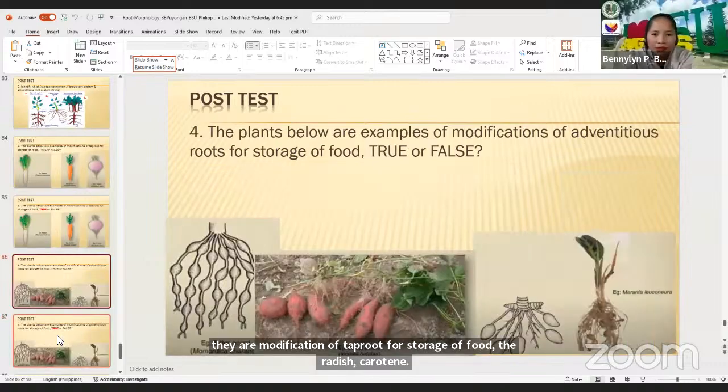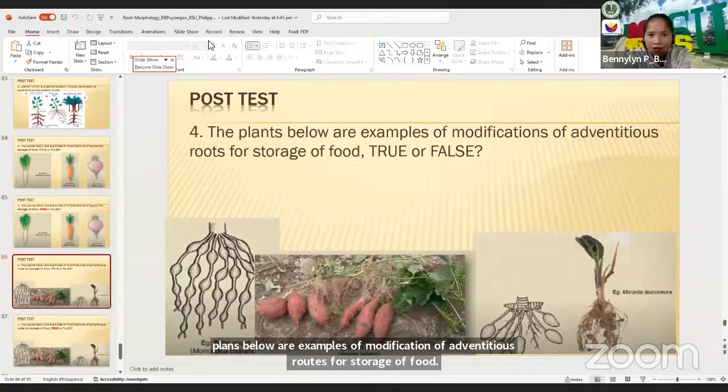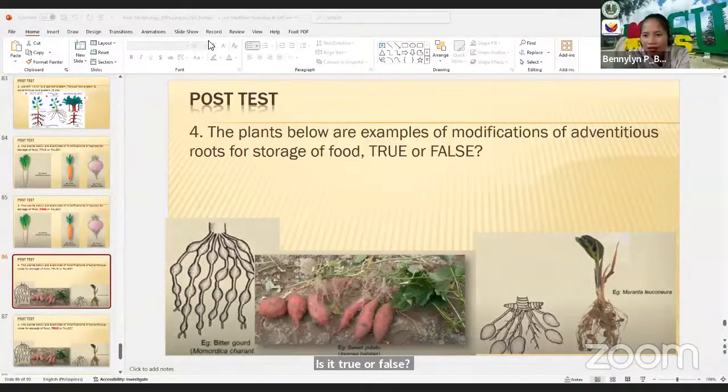How about this one? The plants below are examples of modification of adventitious roots for storage of food. Is it true or false? You can chat your answer in the chat box.